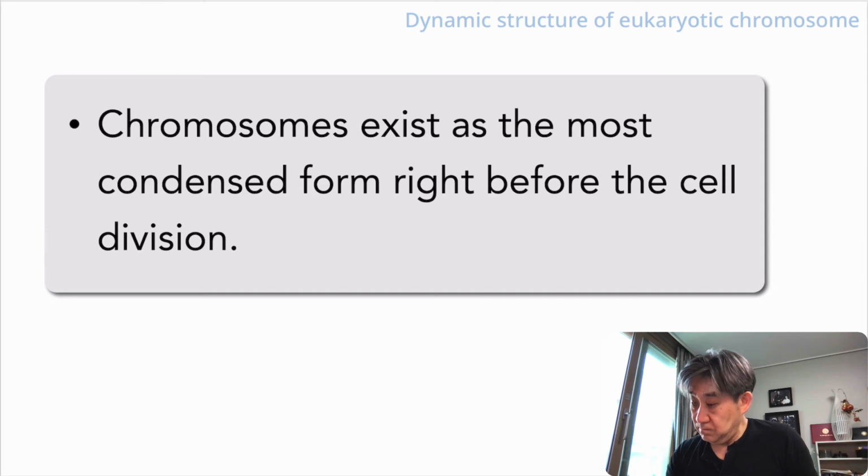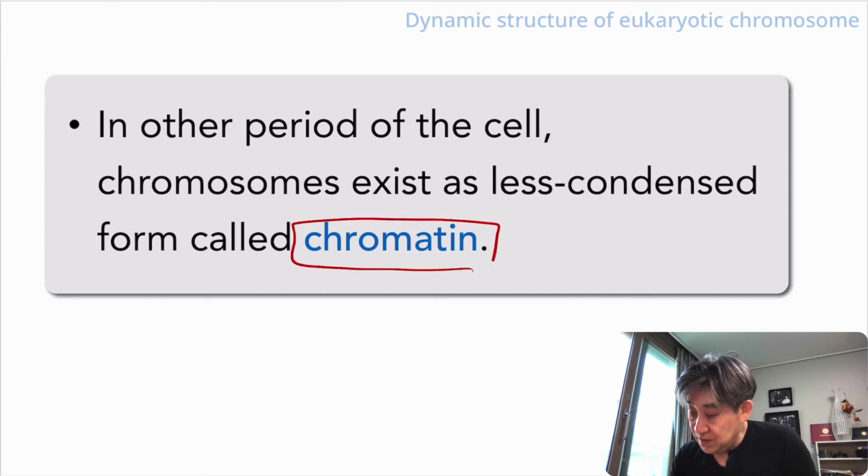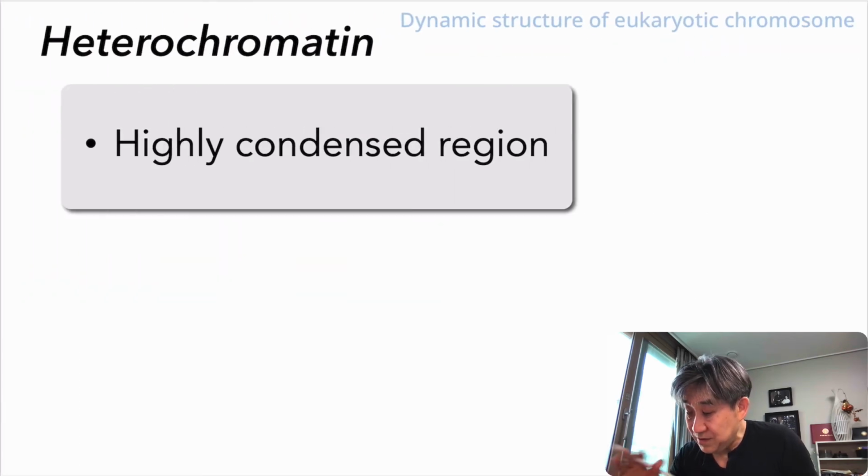So the chromosome is the most condensed form, but in other periods of the cell, these chromosomes exist as chromatin, which is less condensed. But there are 2 different kinds of chromatin.